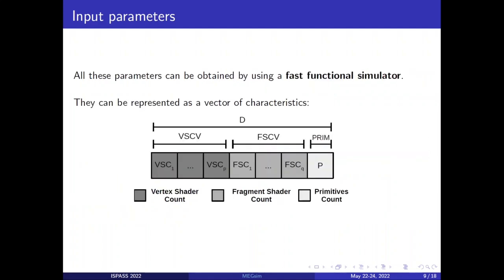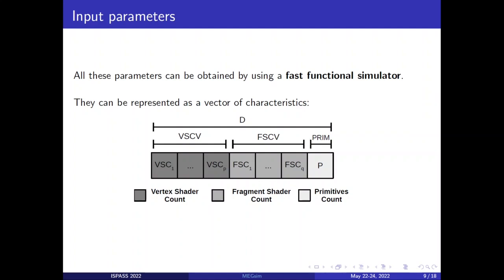A key factor of these parameters is that they can be obtained, as we previously said, by using a fast functional simulator. These simulators have much lower execution times compared to cycle-accurate simulators. These parameters can be combined to create a vector of characteristics for every frame.